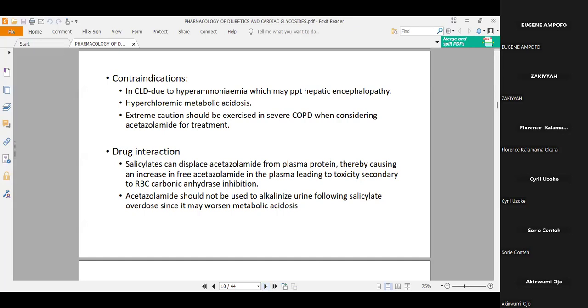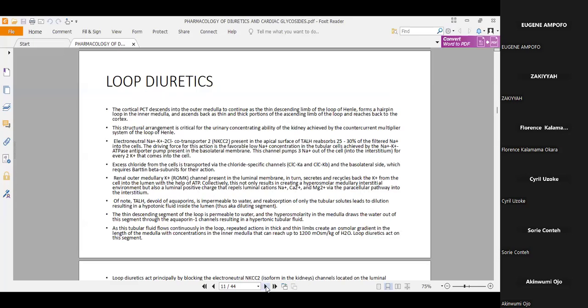So, drug interaction. Salicylates can displace acetazolamide from plasma protein, thereby causing an increase in free acetazolamide in the plasma, leading to toxicity. It should not be used to alkalinize urine following salicylate overdose because it can worsen metabolic acidosis in such cases.